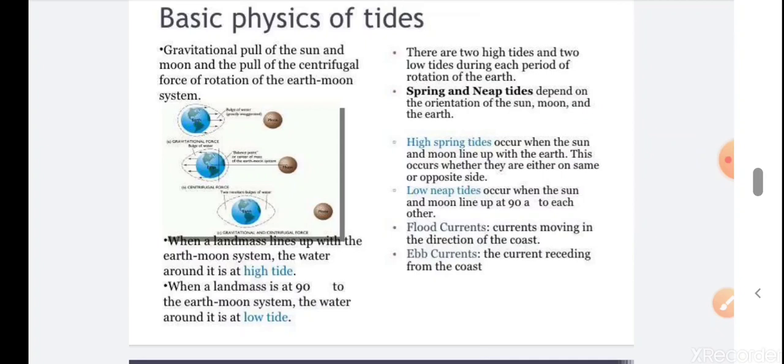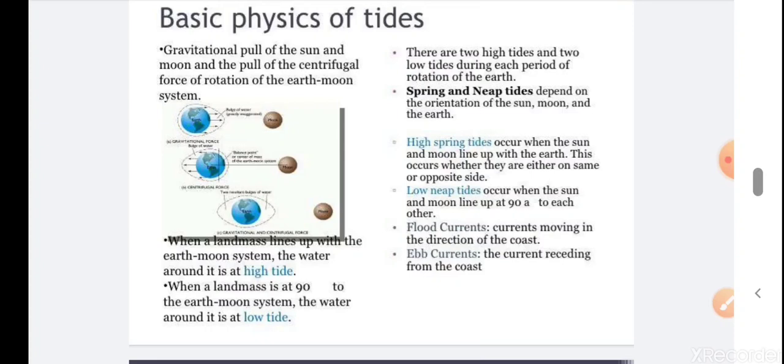If the land mass lines up with the earth-moon system, the water around it is at high tide, and if the land mass is at 90 degrees to the earth-moon system, then the water around it will be at low tide. It means there will be two high tides and two low tides during each period of the rotation of the earth.